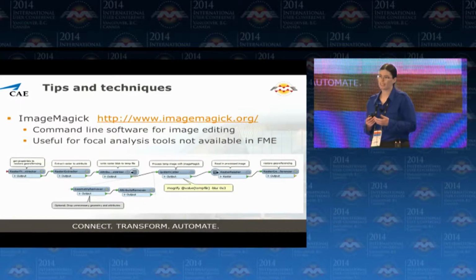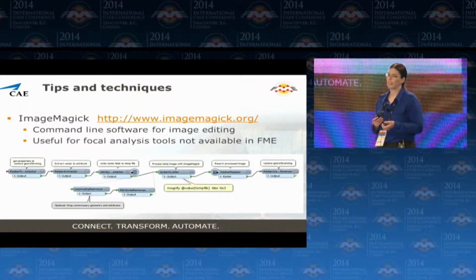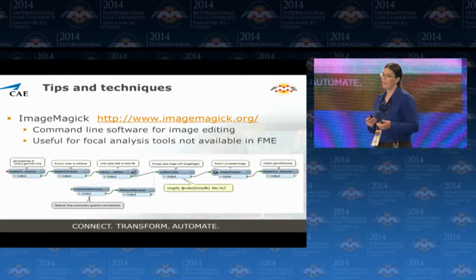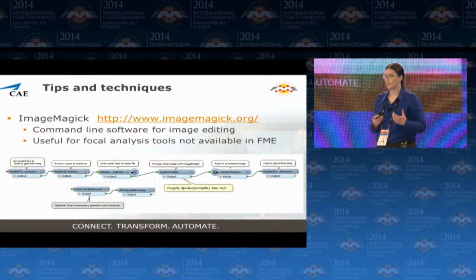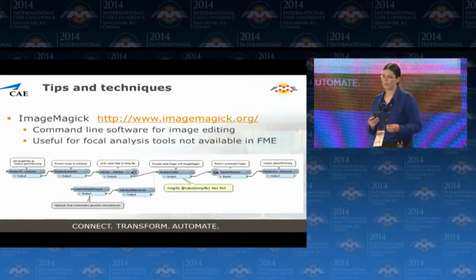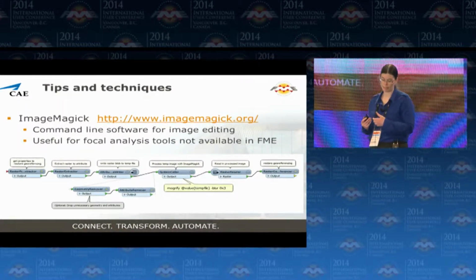Now, you can run this as post-processing with a shutdown script in FME, using Python or TCL, but I actually needed it in the middle of my workflow because once the images were processed with ImageMagick, I had to bring them back in and do more processing in FME.